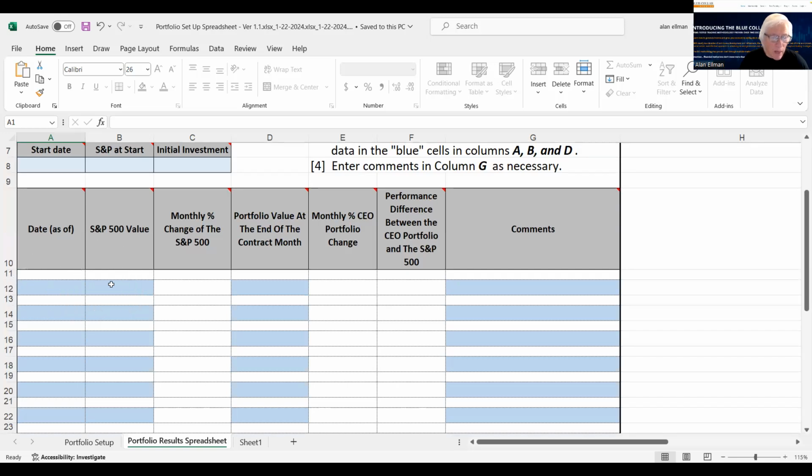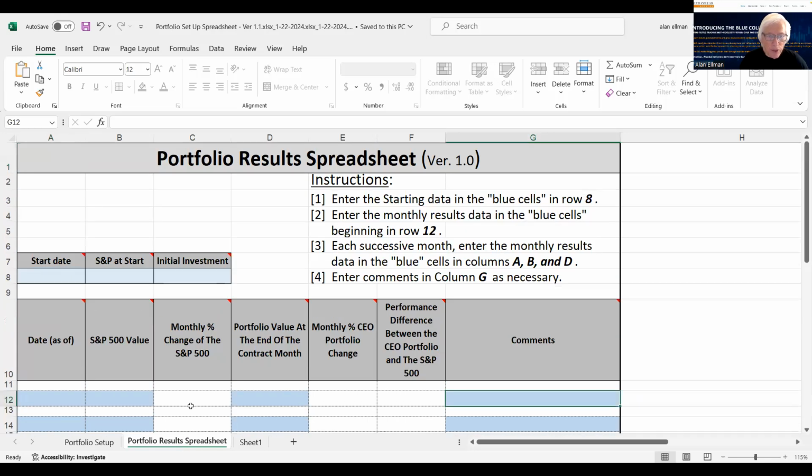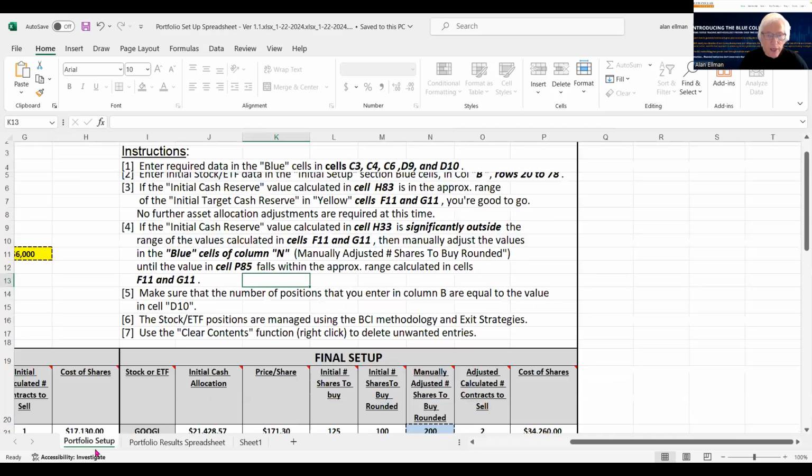You might want to do this monthly. And then it will calculate the percent change of the S&P, the percent change of our portfolios, and the difference. Are we beating the S&P or not? And then there's an area in here where you can make remarks. So both of these spreadsheets are inherent in this one main spreadsheet.